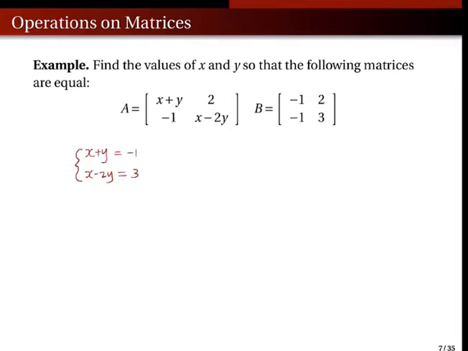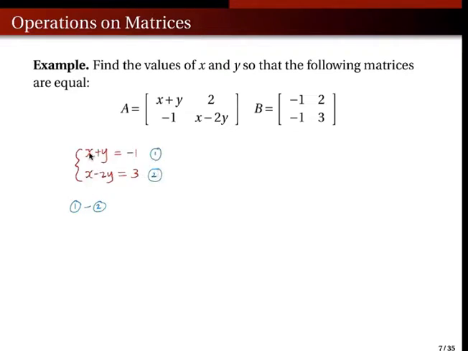Substitution or elimination would be easy to use, since this is just two equations in two unknowns. So let us label the equations 1 and 2. What we can do is subtract equation 2 from equation 1. So you have this minus this.